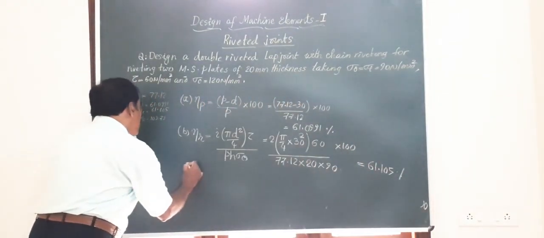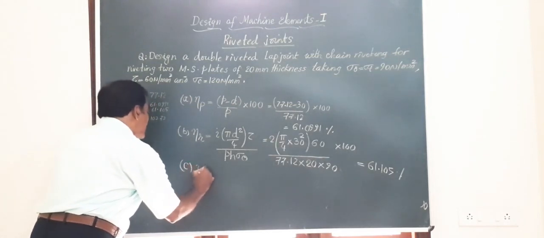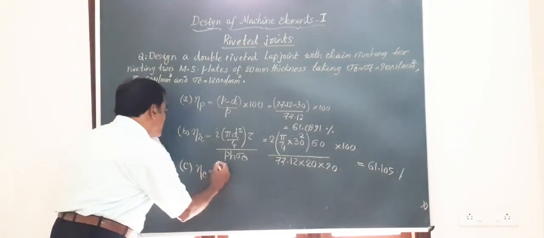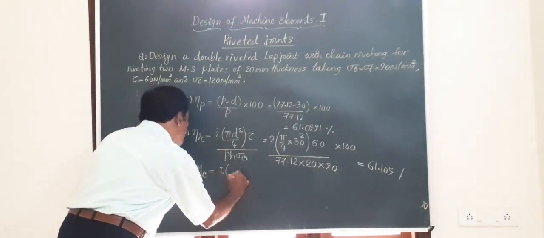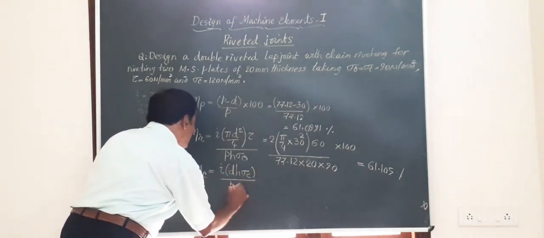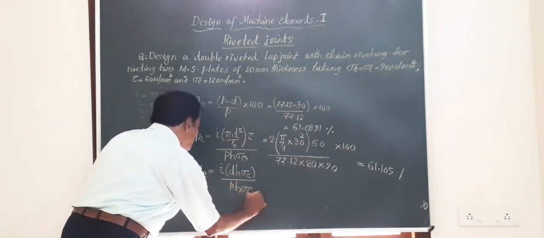So we are able to find out the efficiency of the plate and the efficiency of the rivets, and finally we are left with the third efficiency, eta C. Eta C is the efficiency in crushing and is given by i times d h sigma C divided by p h sigma t. You may ask me how is that.